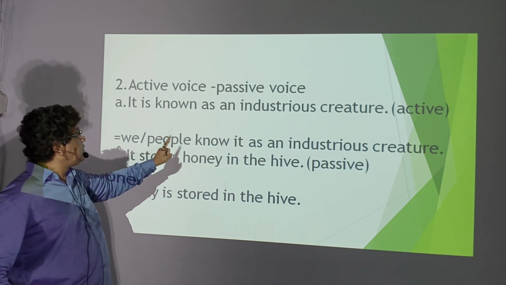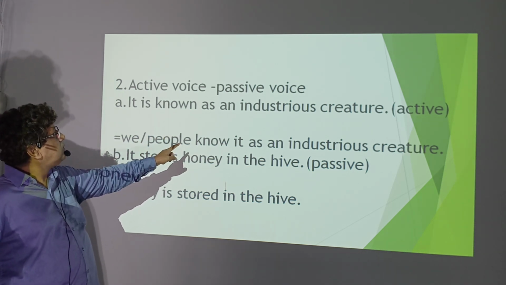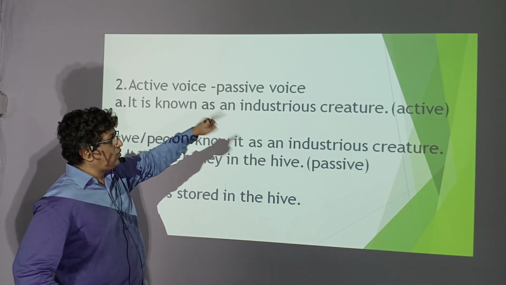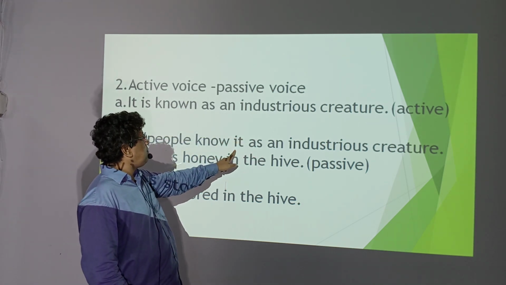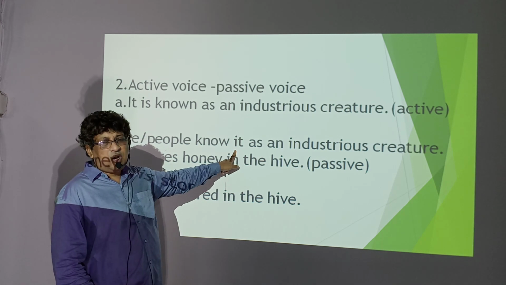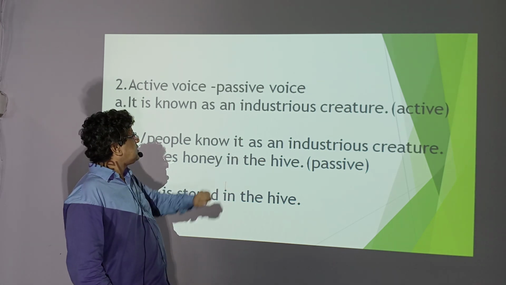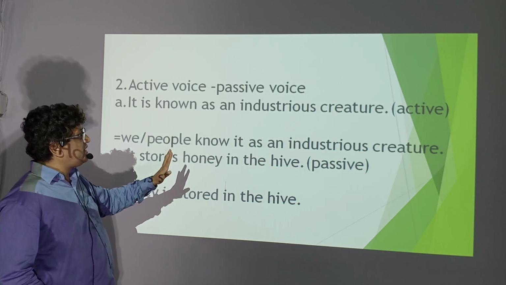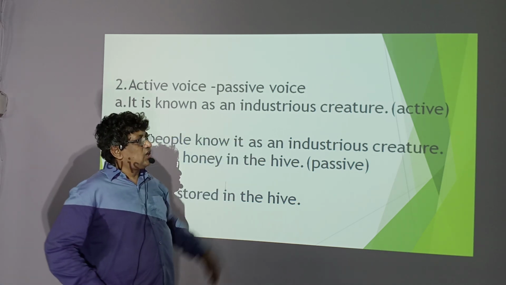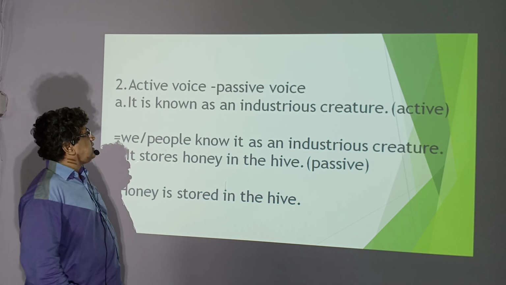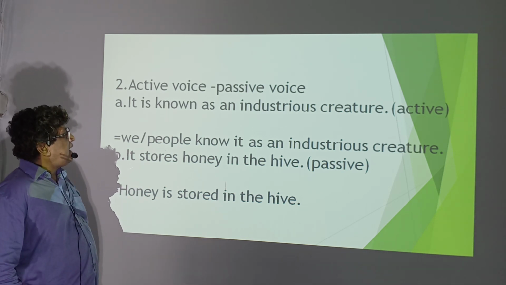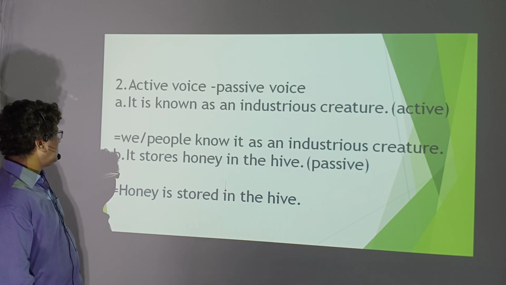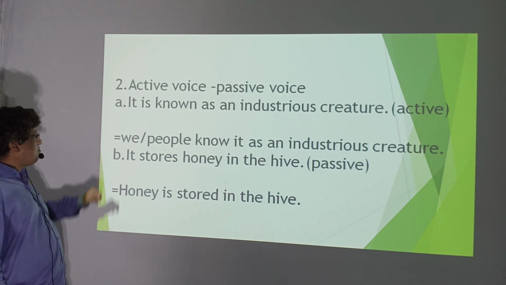So we know or people know. Then the subject of the passive voice will come as the object in the active voice. So people know it or we know it, then the extra phrase, as an industrious creature.